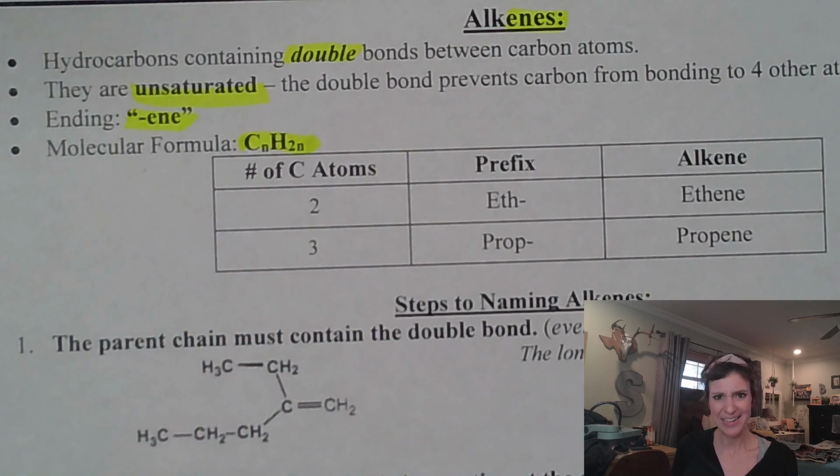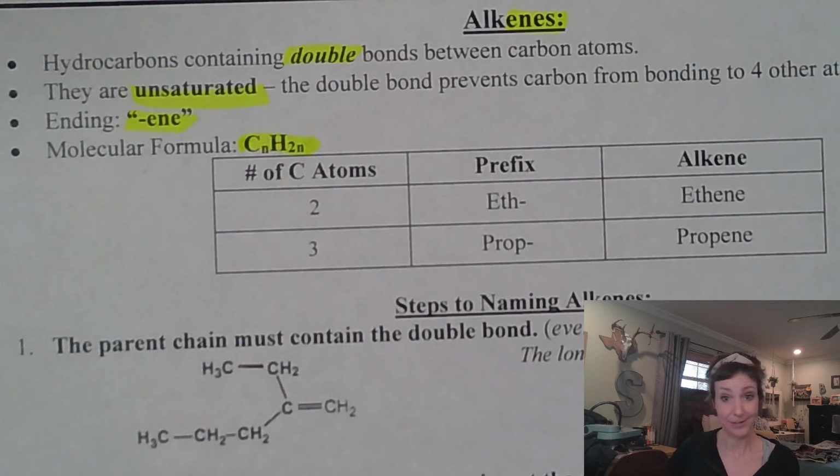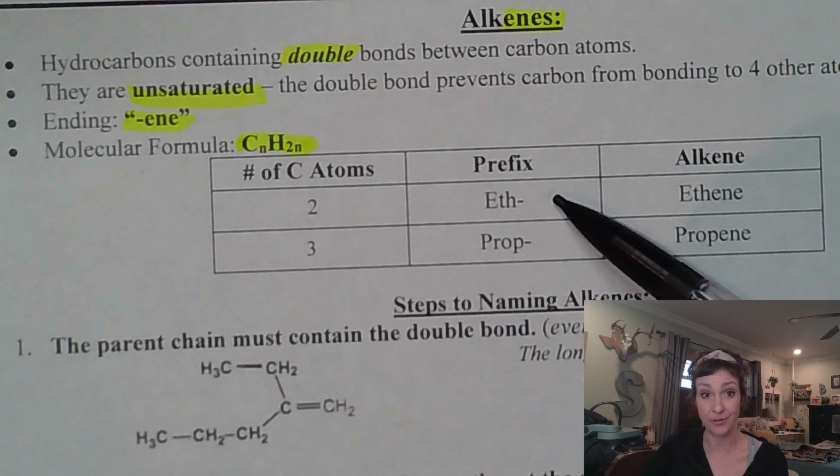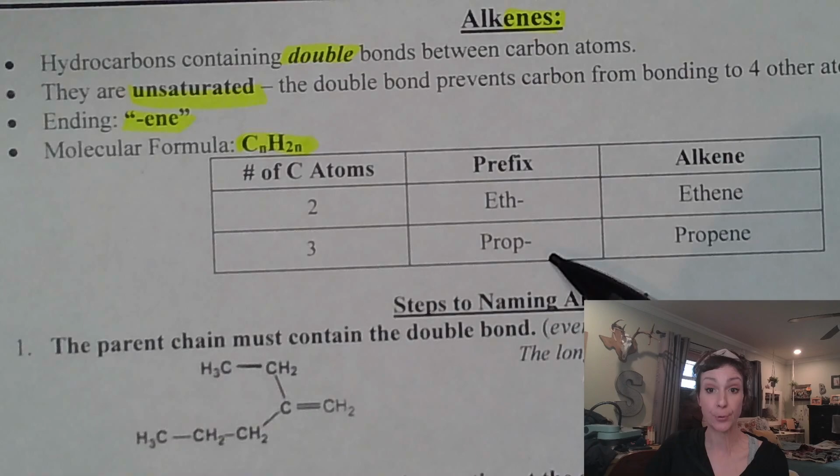Now I can totally throw a prefix in front of this "ene" ending to let me know how many carbons are in the parent chain of the molecule. The prefixes are exactly the same. We know "me eat peanut butter," so here's an eth for 2 carbon atoms. Here's a prop for 3.